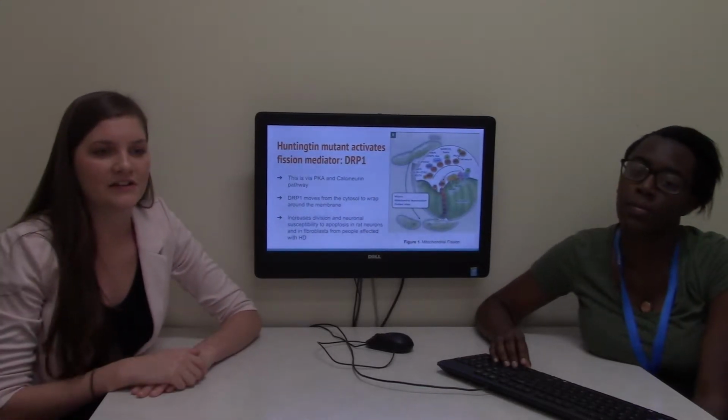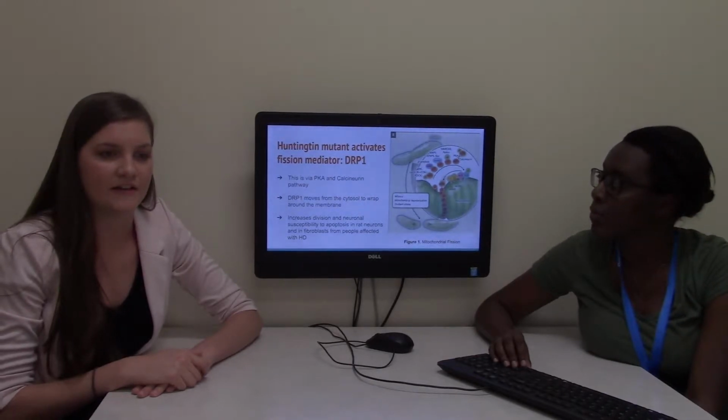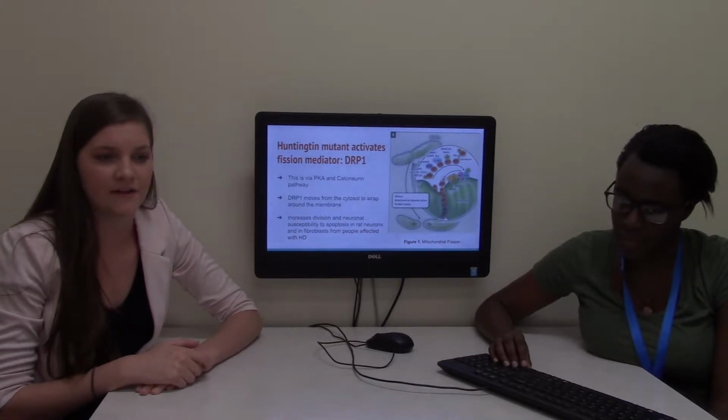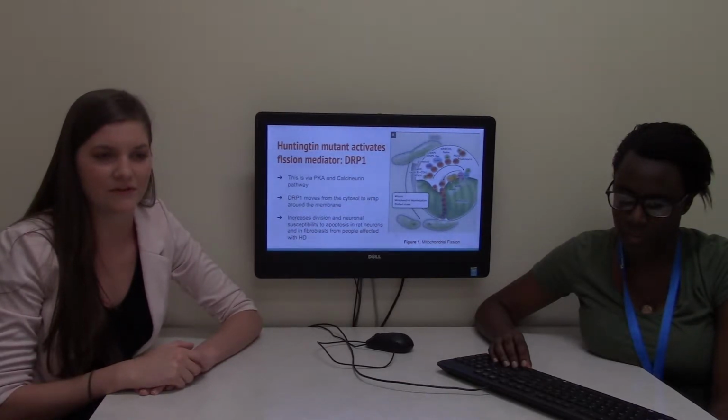This protein is a fission mediator for mitochondria, as you can see, via the protein kinase A pathway. It moves from the cytosol to wrap around the membrane of the mitochondria and increase division and neuronal susceptibility to apoptosis in rat neurons and in fibroblasts from people affected with HD.